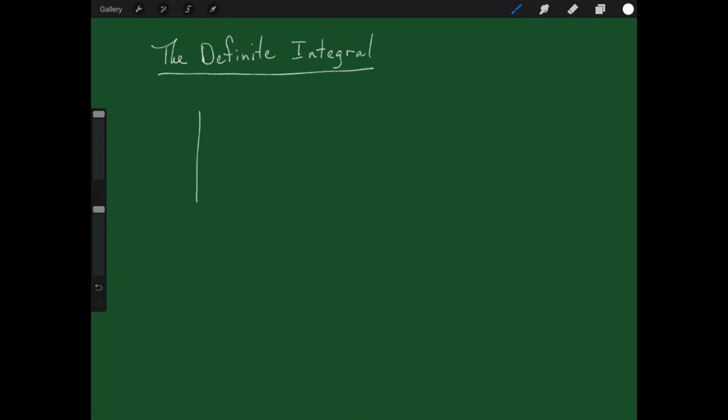So if I were to draw a function here, so let's say I have this function f of x, and I've got a point A and I've got a point B. One of the big questions in calculus is how much area is there under the curve between A and B. So what is the area of kind of this shaded region in here, and how would we find that?